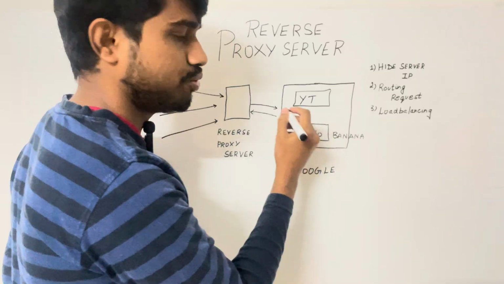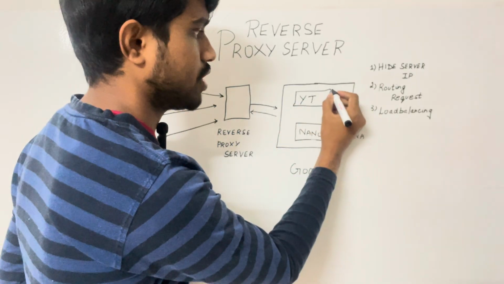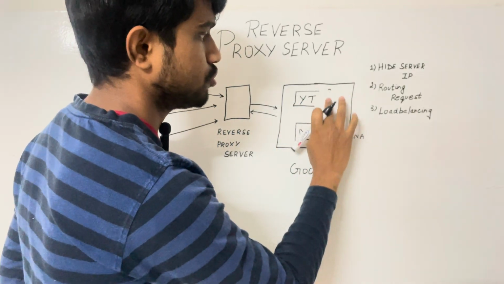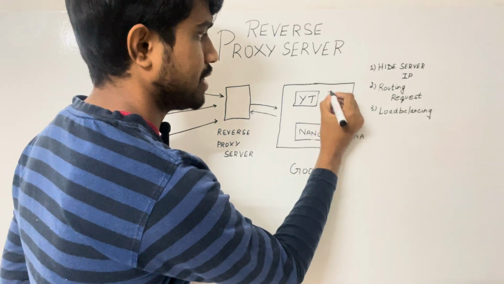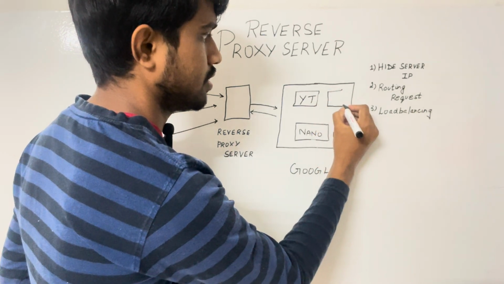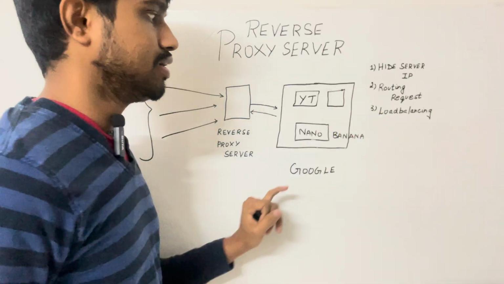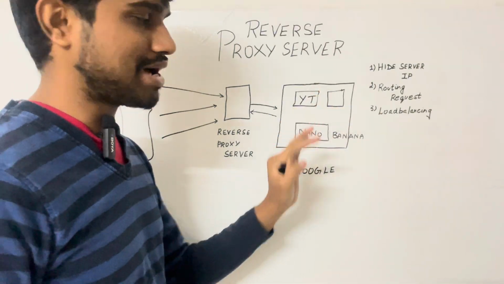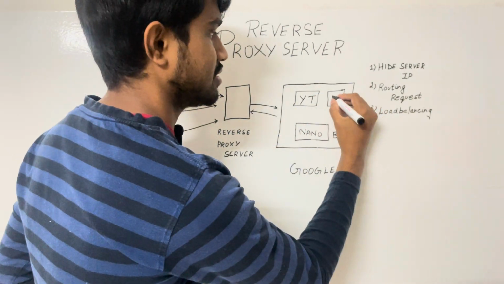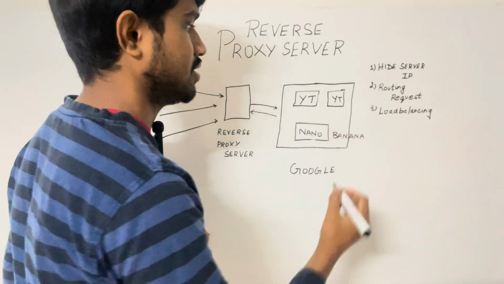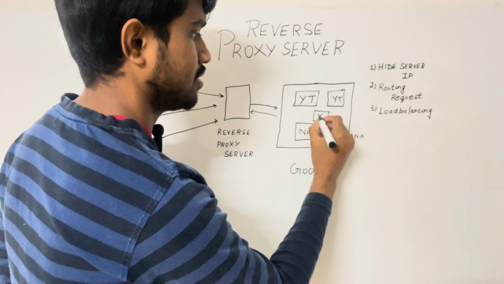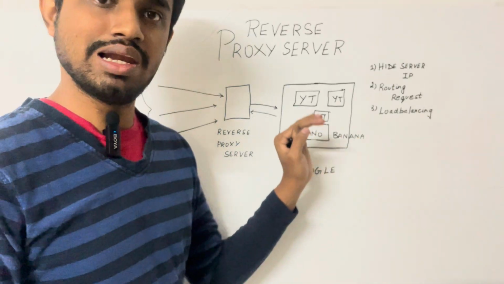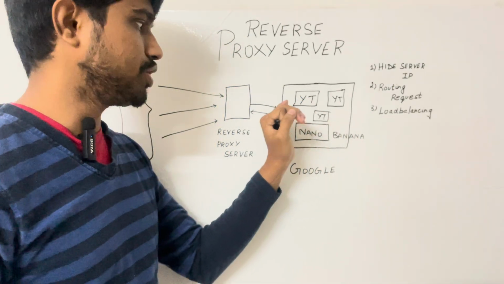Say if YouTube is also being used a lot. So what happens? So usually there will be multiple computers or multiple servers, mini servers, you can have it like multiple services of YouTube serving your request.